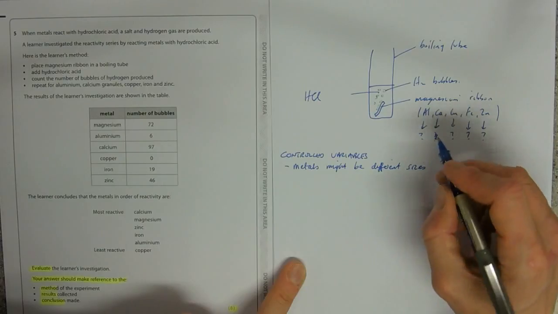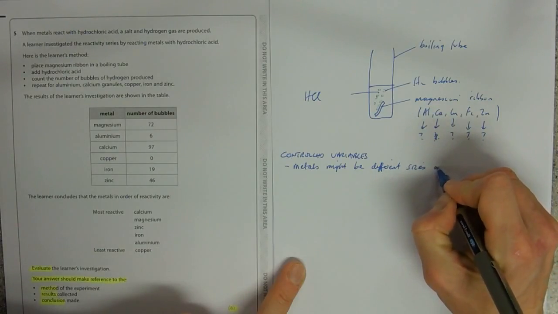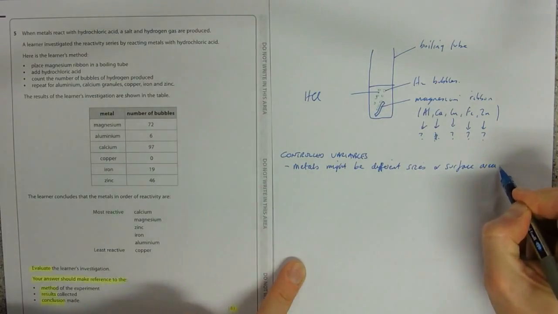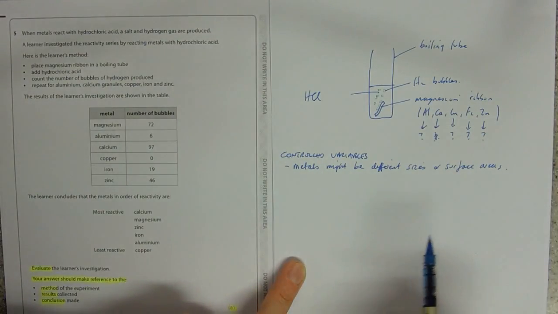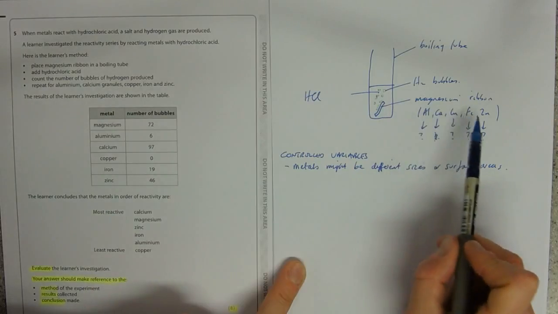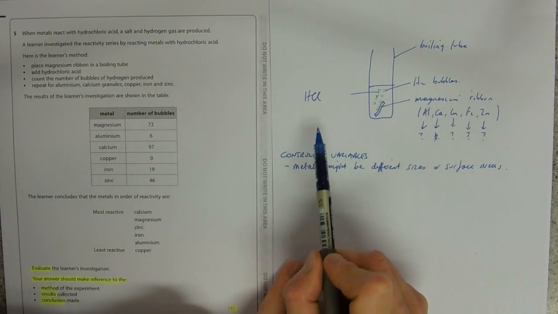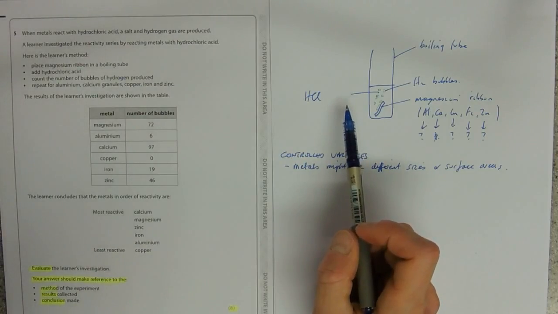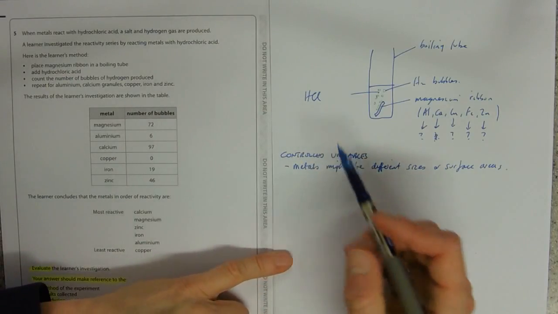Certainly calcium granules have a higher surface area. So we've talked about the metals. Always think about volumes and concentrations and sizes and temperatures and things like that when you think about controlled variables.